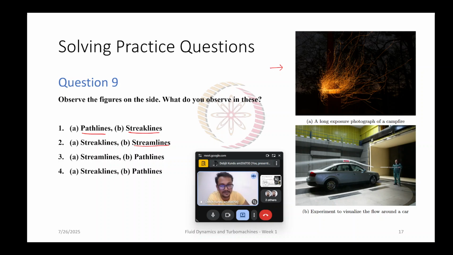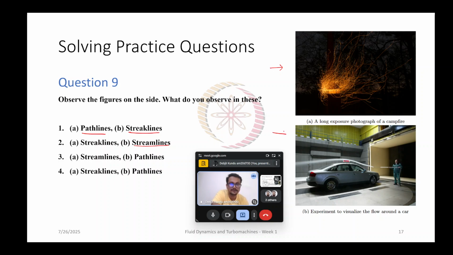Have you seen something like that? Yeah. So this first photograph is something similar. There's a fire burning, and if you take a long exposure picture of that, the particles flying out of that fire, those traces are captured in the photograph. So that's the first one.